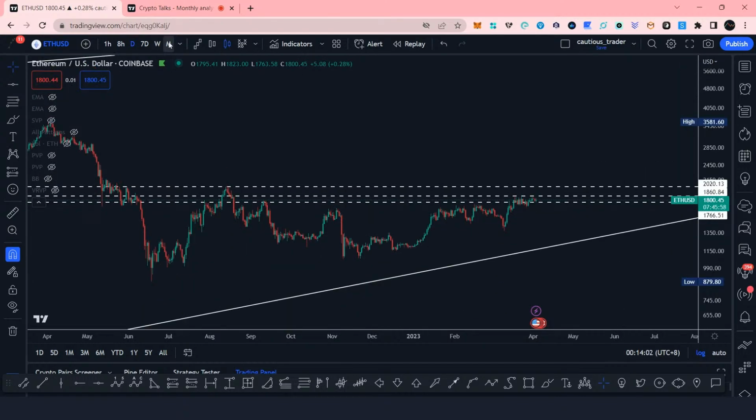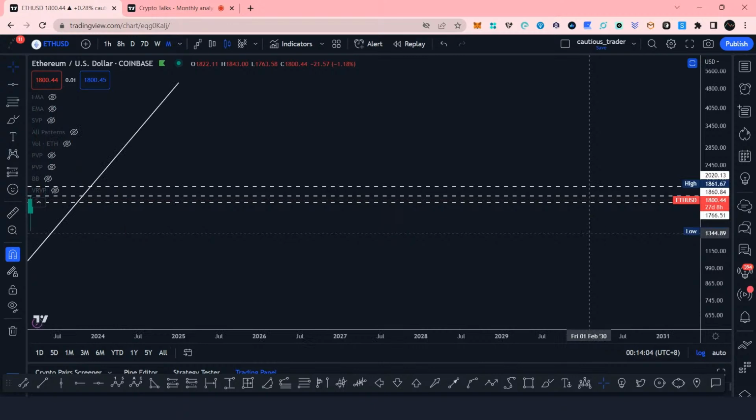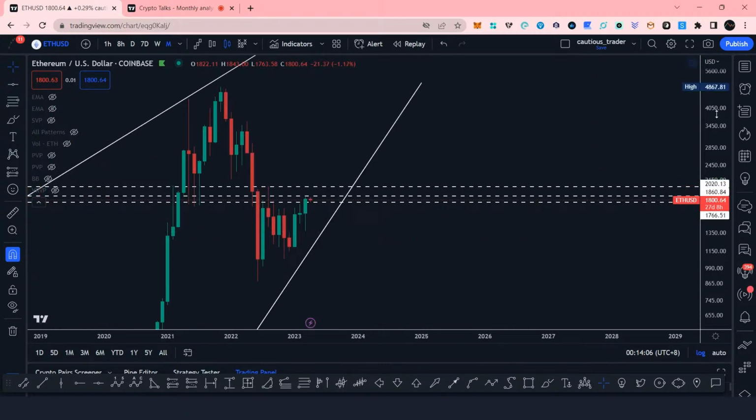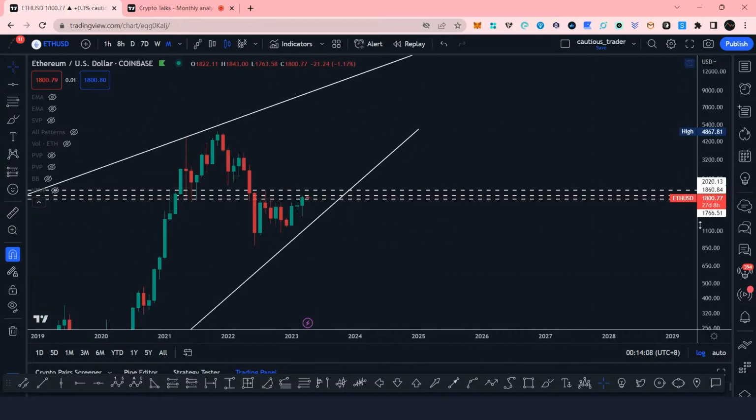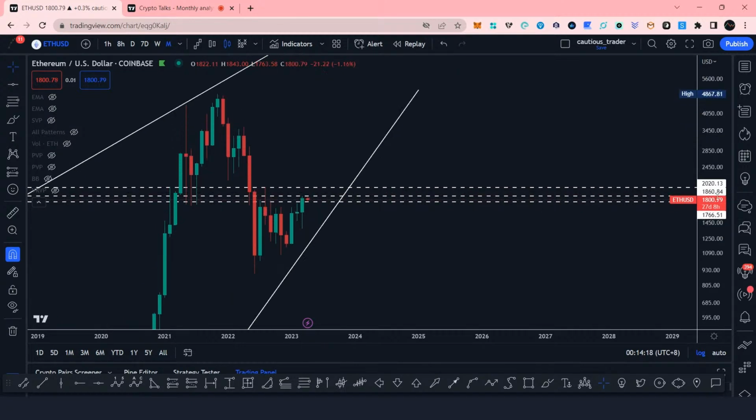So I think I discussed naman both, no? Both the long term and the short term. So for long term, 8,500 target, support around 1,200. For short term, I expect a breakout around 1,860.